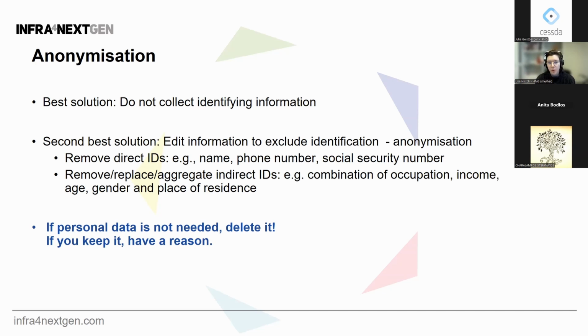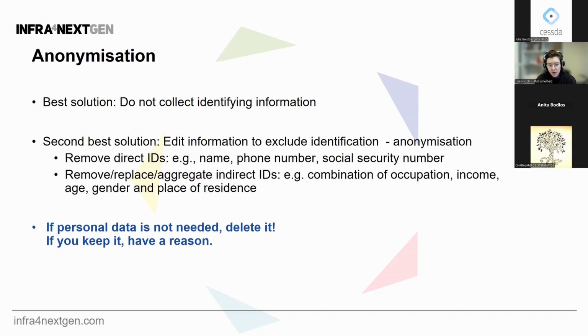However, if you want to publish that data, you have to anonymize the data. So the best solution in general is to not collect identifying information if it is not absolutely necessary, because ultimately you would need to delete it again. So making your life easier is a very fruitful idea here. So do not collect any identifying information that you do not actually need.